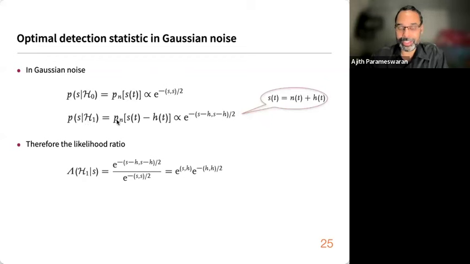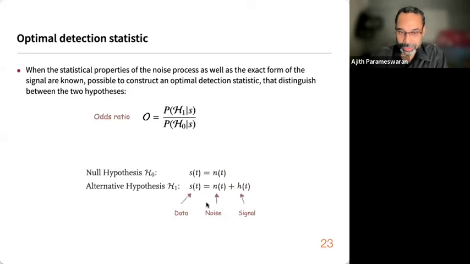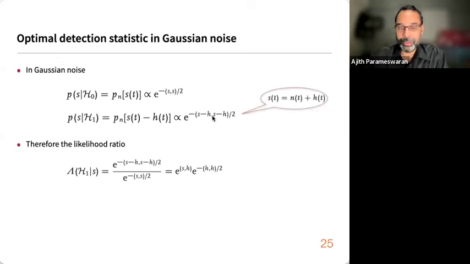Now, what is the likelihood of H1? We are asking whether the data contains some signal H of t, or what is the distribution of S minus H. If the data contains a signal H, then S minus H should be equal to N, which is just noise. Because S is N plus H, the distribution of S minus H is the same as the distribution of N. So we can say that the distribution of S minus H is exponential of minus the inner product of S minus H with S minus H, divided by 2.